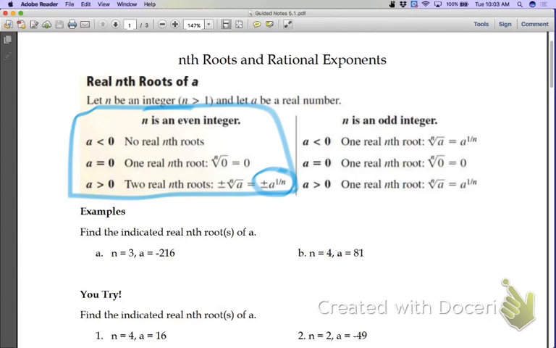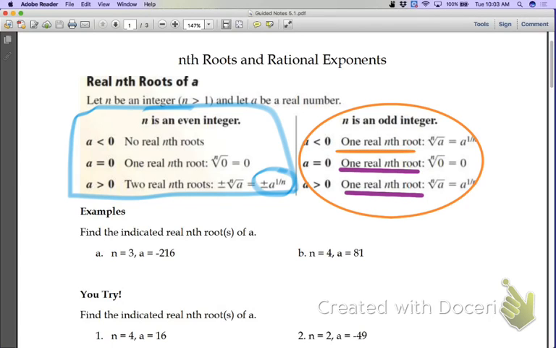Whereas with an odd integer here, it doesn't matter whether it's positive or negative. For all of these you have one answer. If it's positive, negative, or zero, it's still going to be one answer.